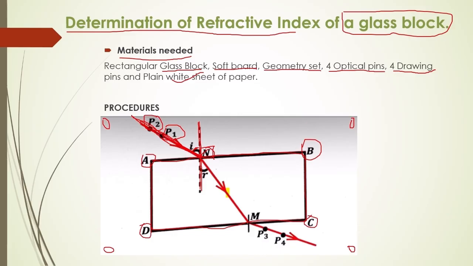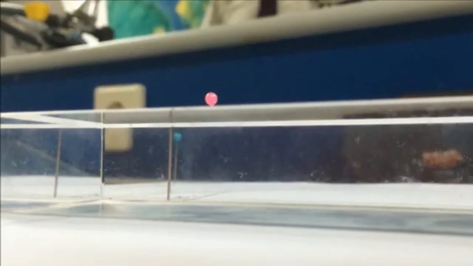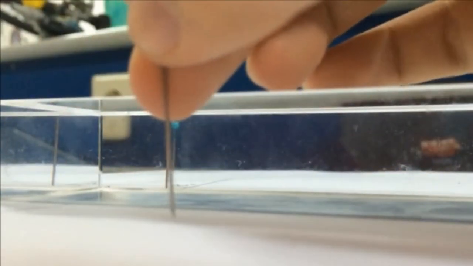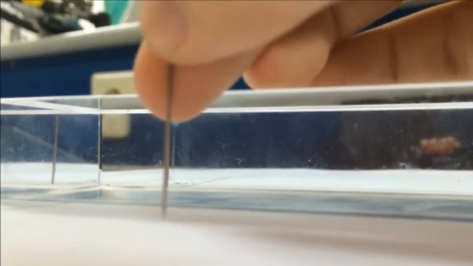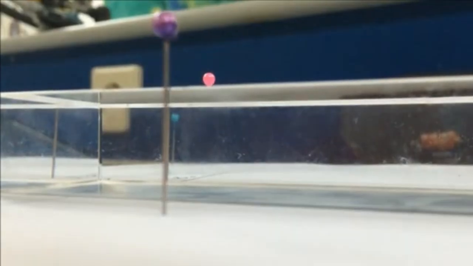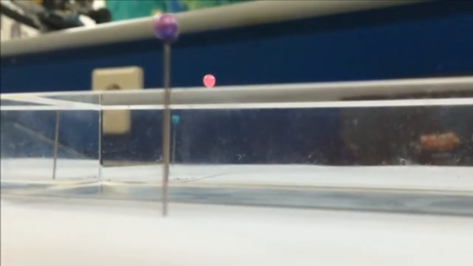Then, coming to the side DC of your glass block, you look through the glass block and fix two more pins, which we shall call pin P3 and pin P4. Pins P3 and P4 should be fixed in line with the images of pins P1 and P2.